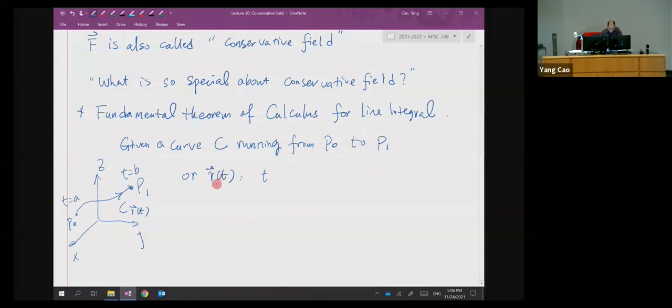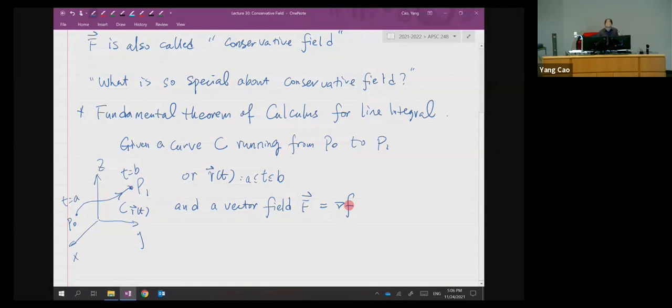So that means for the parametric equation, the range of t goes from a to b. This is the description of curve C. The curve C is immersed in a vector field F. Let's assume F is the result of the gradient of a scalar function, so F is a gradient vector field.